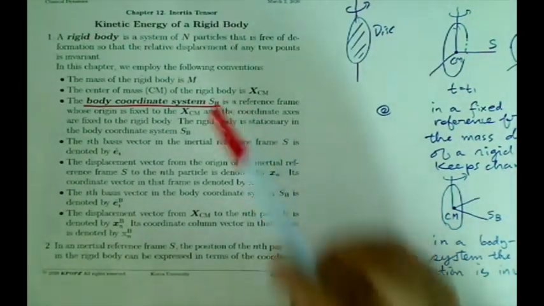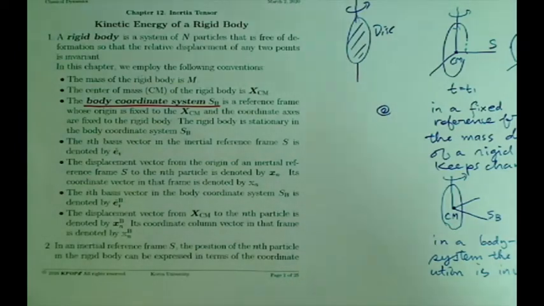So we use a subscript or superscript capital B to identify that the frame of reference or variable is measured in the body coordinate system.